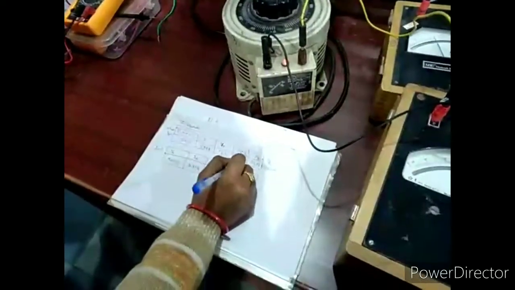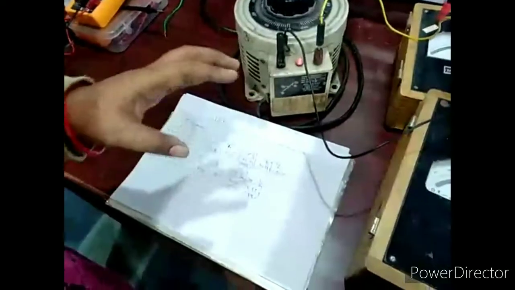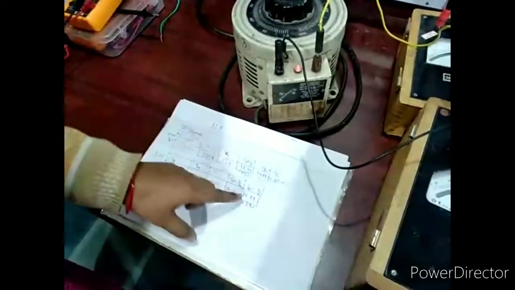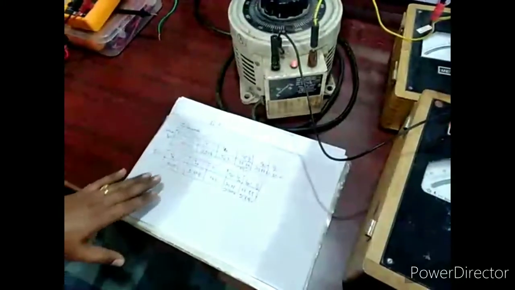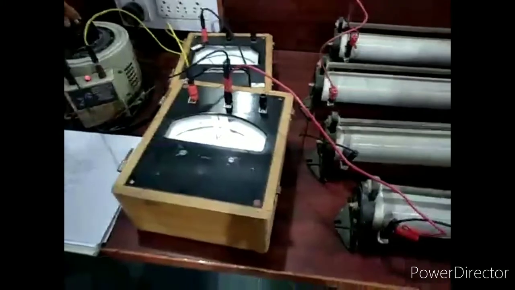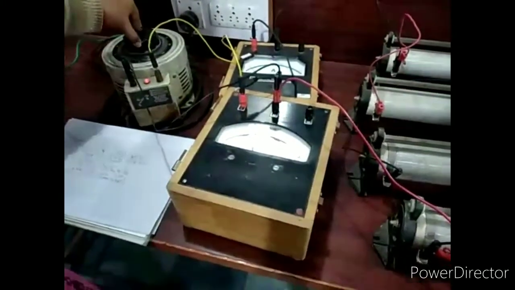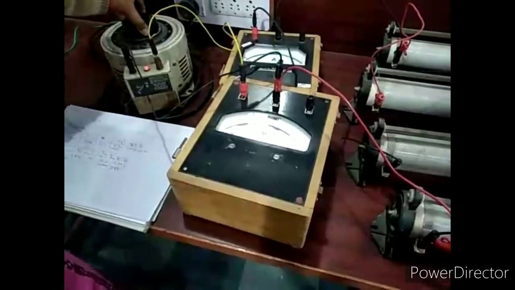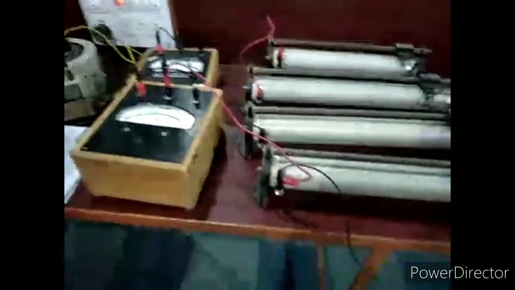So here student, as you know the condition for symmetry, it is a symmetrical lattice network, so Z11 equals Z22 and Z12 equals Z21. You decrease this variac slowly, switch off the supply and disconnect all the connections.